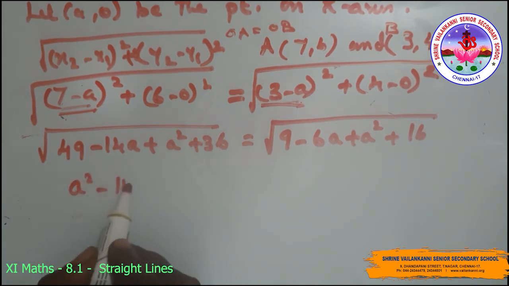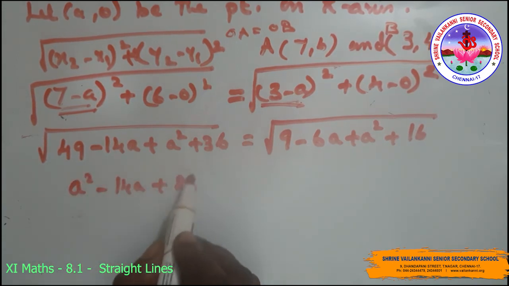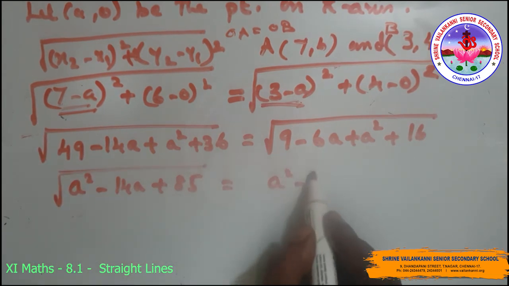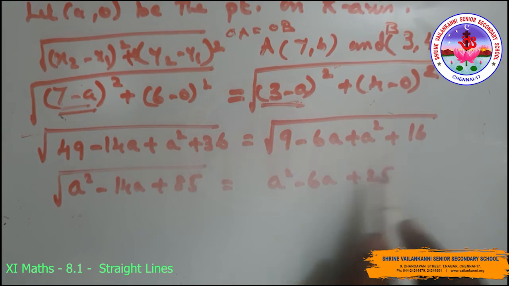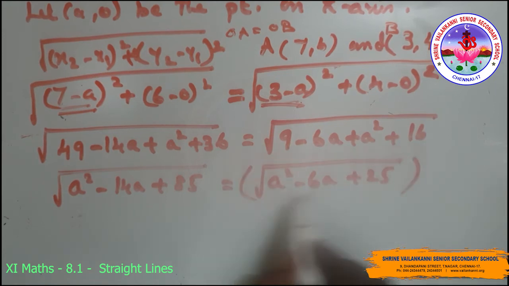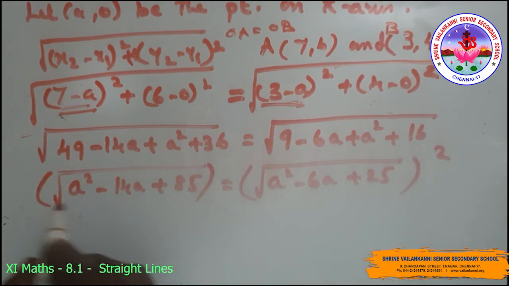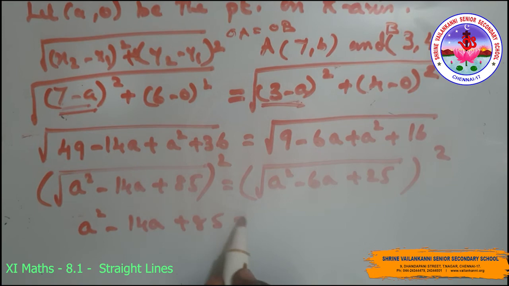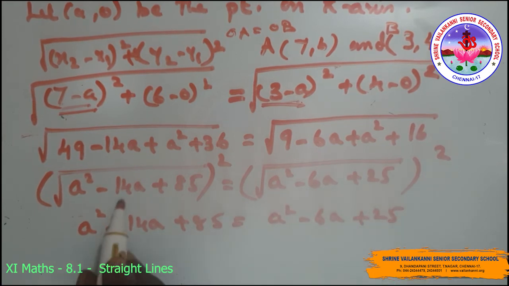So a square minus 14a plus 85 is equal to a square minus 6a plus 25. Taking square on both sides, we get a square minus 14a plus 85 equal to a square minus 6a plus 25.